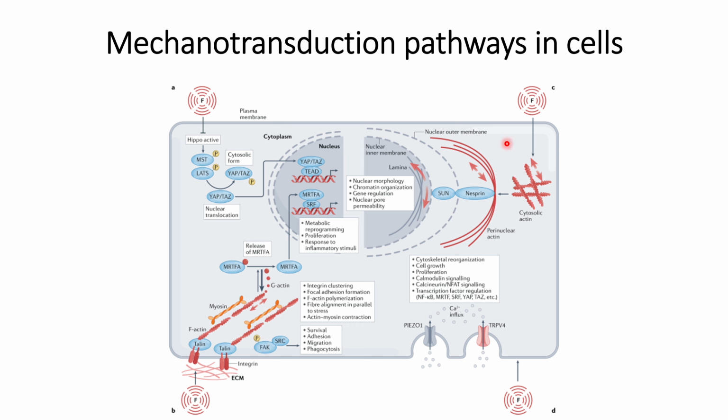And the next one is cytosolic actin. When the forces act on the cytosolic actin, it leads to the formation of the LINC complex, which is composed of SUN and nesprin. When this complex formation occurs, it will also promote the translocation of YAP-TAZ and MRTF-A into the nucleus.